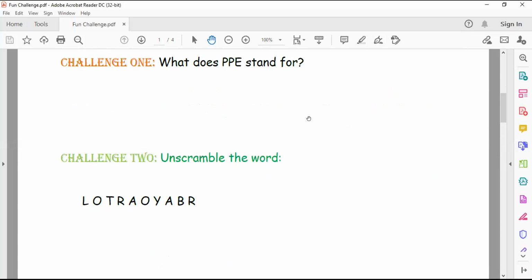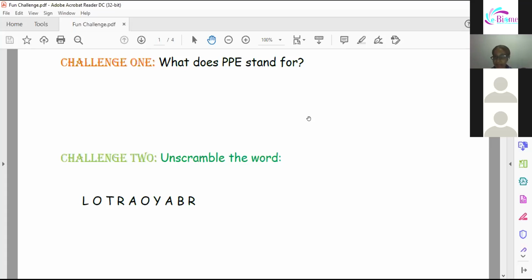Any guesses so far? I'll give you a few more seconds and then I'll give you the word. So this word is laboratory. When you unscramble the word, you'll get the word laboratory.